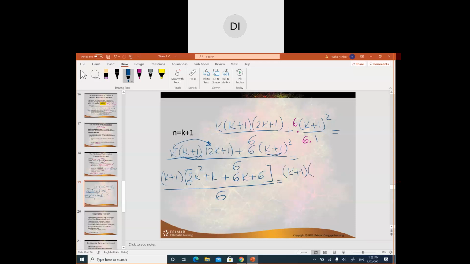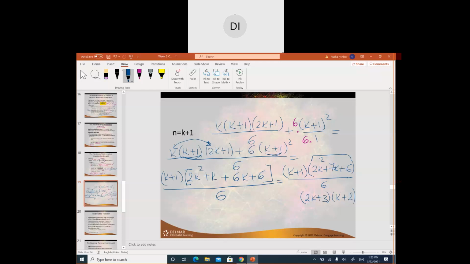And when I combine this, it's going to be 2k squared plus 7k plus 6, over 6. So now here I can factor it. So I need to see 2k plus what, and k plus what is going to be this. It's going to be k plus 2, and this is going to be 3.